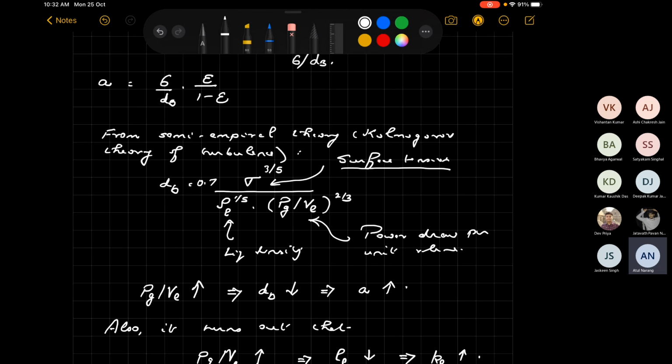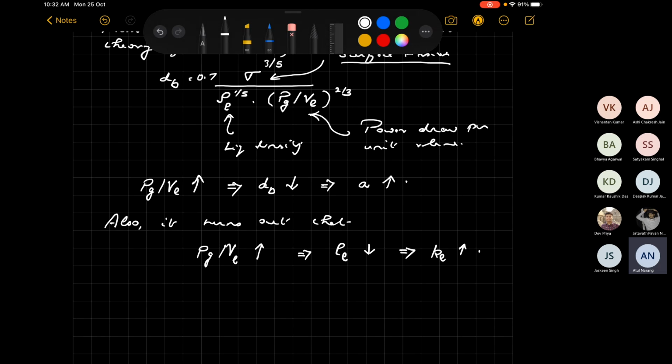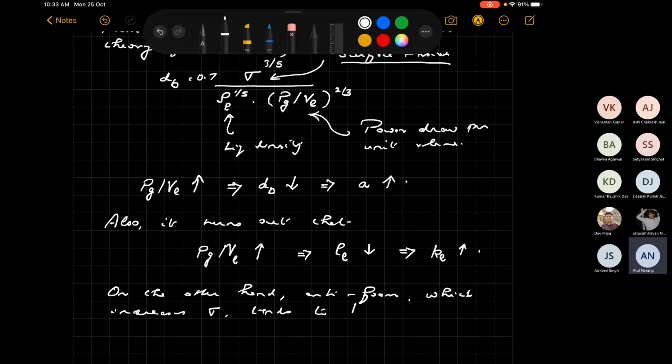And because it increases sigma, the bubble diameter increases, and therefore A goes down. So anti-foam, which increases sigma, tends to decrease A and hence KLA.